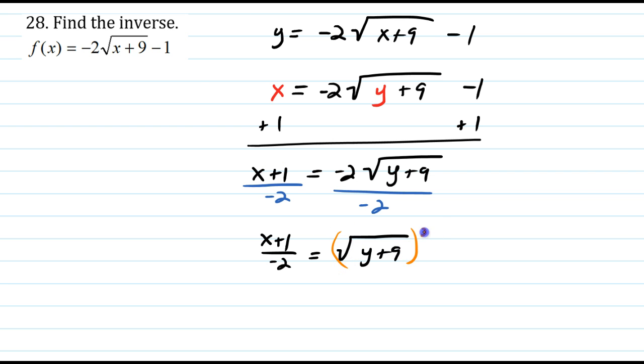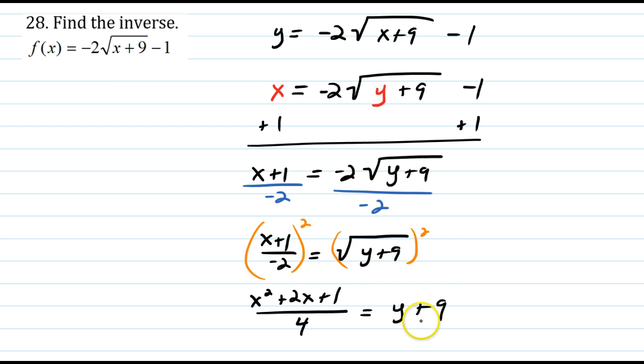Now we square both sides. And so here I'm going to do x plus 1 quantity squared, which gives me x squared plus 2x plus 1. Negative 2 squared is 4 equals y plus 9.